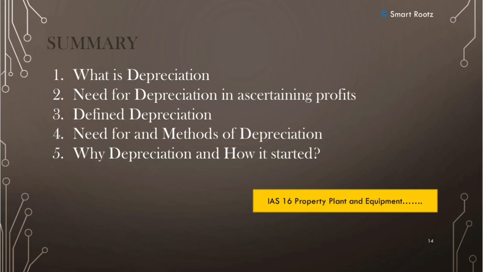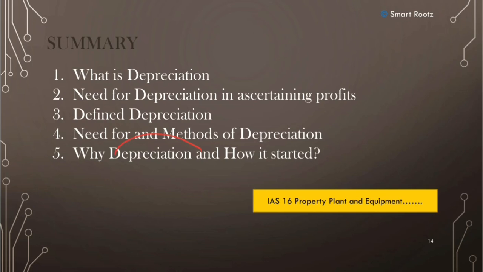We have discussed quite a lot of concepts about depreciation. We started with defining what depreciation is associated with. Then we identified with a numerical example why there is a need for depreciation in ascertaining the performance and profits of the company. We defined depreciation and identified what a useful life is, and how depreciation should be done for any fixed asset, and what method should be used.